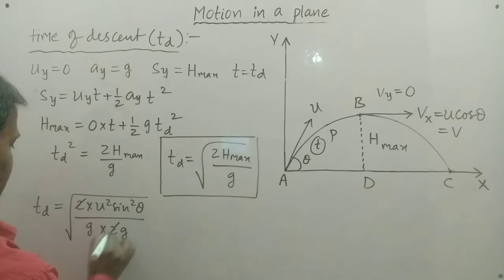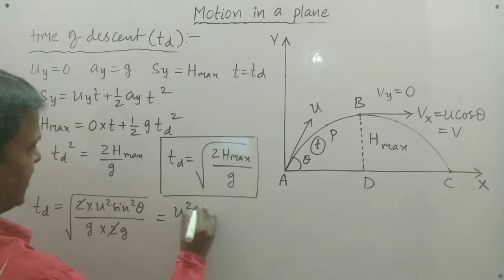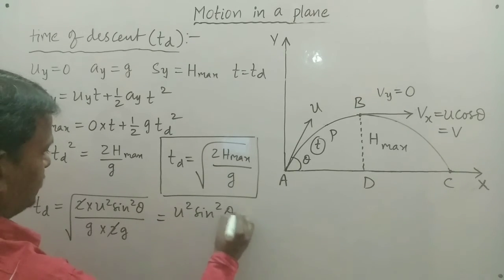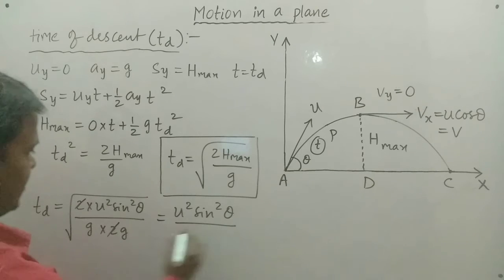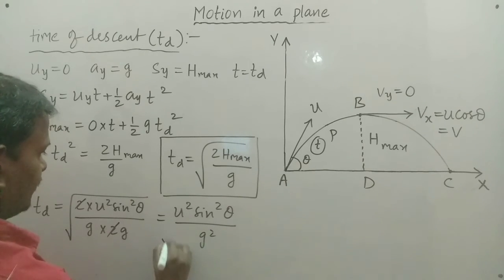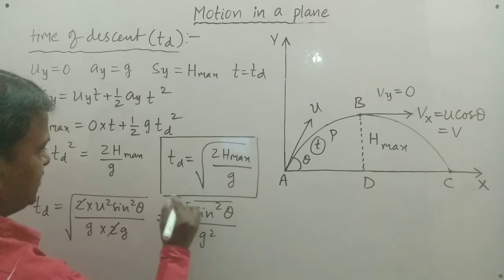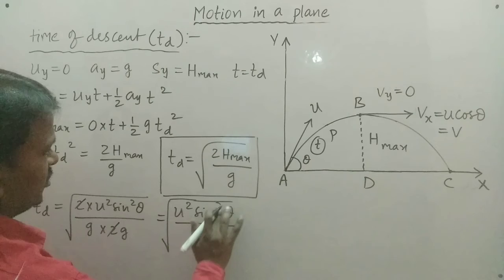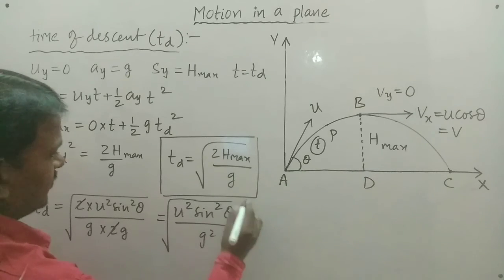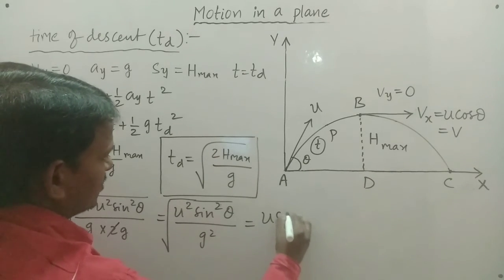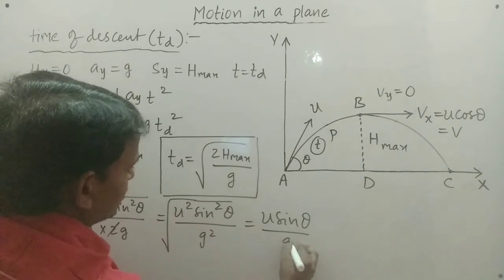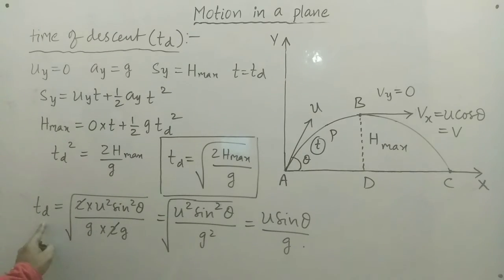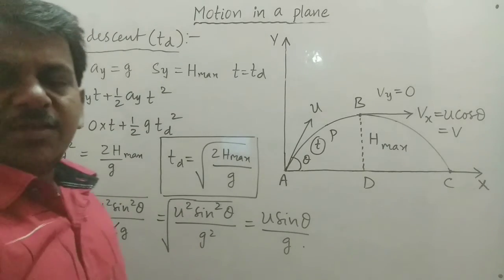So 2 gets cancelled, u square sin square theta by g square, under the square root. Now it becomes u sin theta by g. So this is called time of descent.